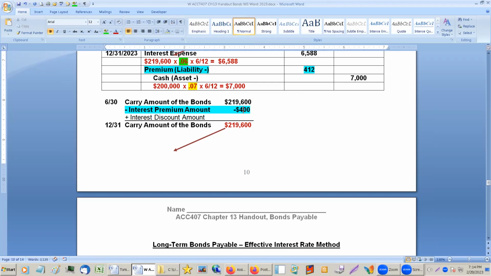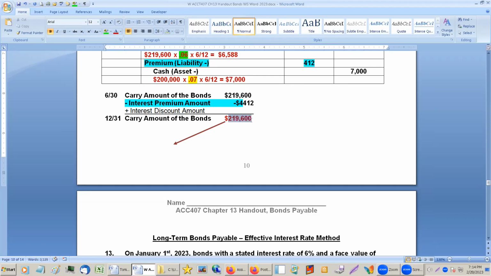Yep, exactly. And just keep going down and down. Eventually, this carrying amount is going to be 200,000. It's 218 something. 28. Wait, that's too high. 218, 90, no, 88, 98.